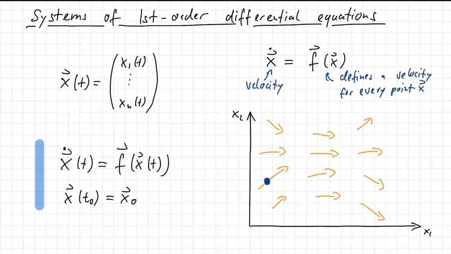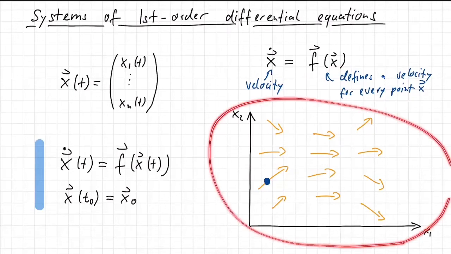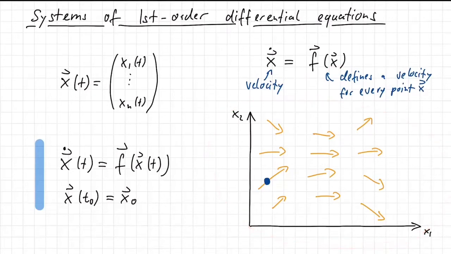So what we can actually do is draw this vector field. I made a sketch down here. For every point in space, and I can only draw a two-dimensional space, so that's what I did here, we have a given velocity, and I'm basically drawing this vector field here. So how we can imagine the solution to come about is that we start from some initial condition, which is the point x that I draw here. And imagine there's a little car sitting at this point.